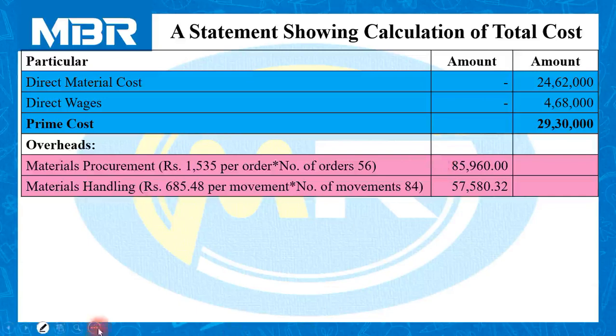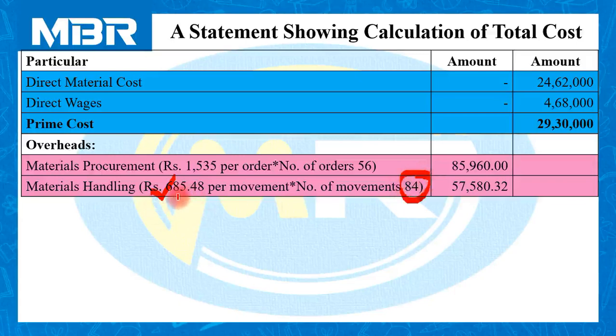Then materials handling. As per the calculation of cost driver rate for materials handling, it is 685.48 per movement. You can check last part of our question. During the period of calculation, we have 84 number of movements.